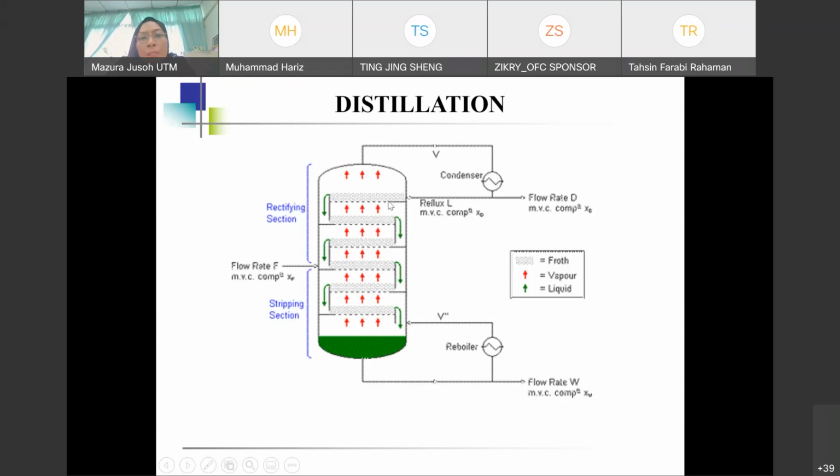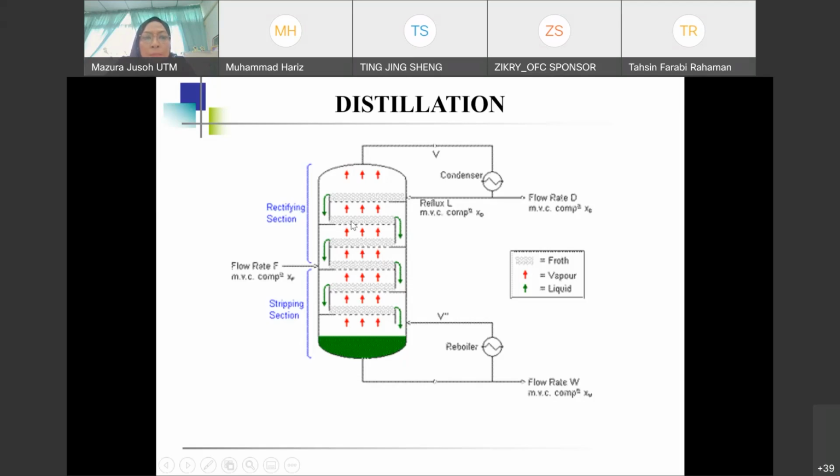If you have too little, then you will have a brief contact between the vapor and the liquid, and that is not good for the mass and heat transfer. So the height of the weir is very important for the manufacturer or the designer to decide on. And then when the liquid is higher than the weir, it will flow out and jump into the next plate downward.